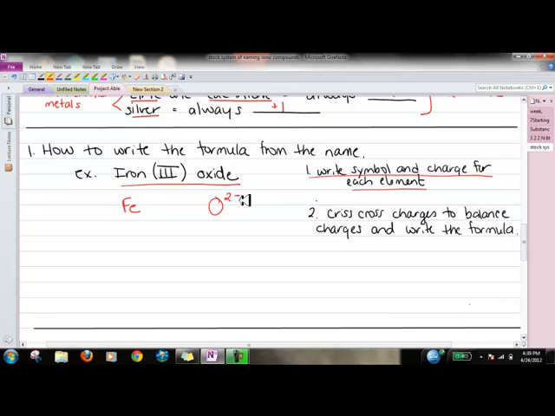With iron now, since it's a transition metal, we need to use the Roman numeral for that charge. That's going to indicate it's a +3. So the Roman numerals are always a positive charge because they're metals. And then from there, we're going to crisscross just like we did before. And that's going to give us that electrically neutral compound. So we end up with Fe2O3.